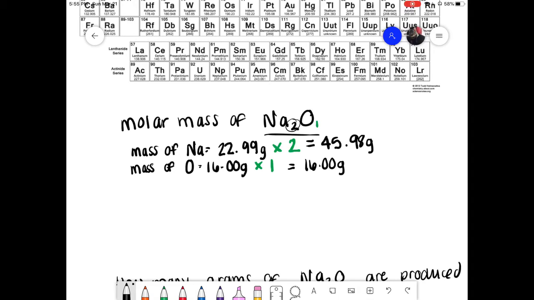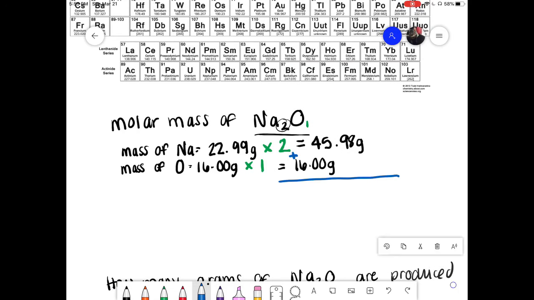So if we do 45.98 grams plus 16, our answer is 61.98 grams per mole. So for 1 mole of Na2O, our mass is going to be 61.98 grams.